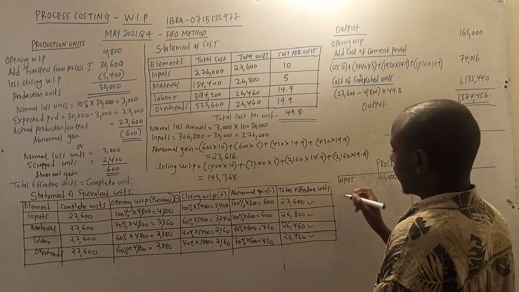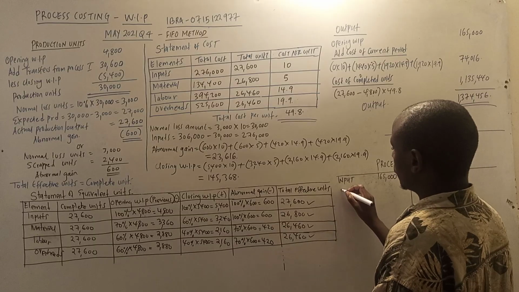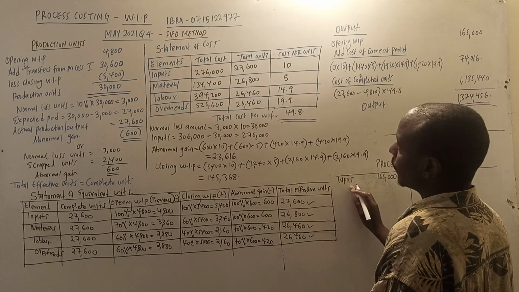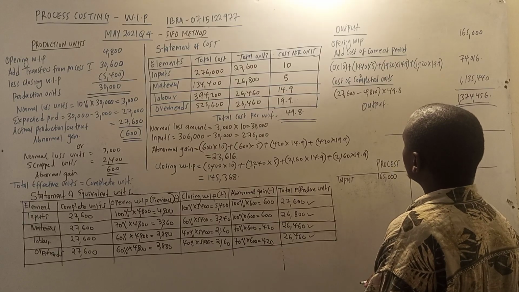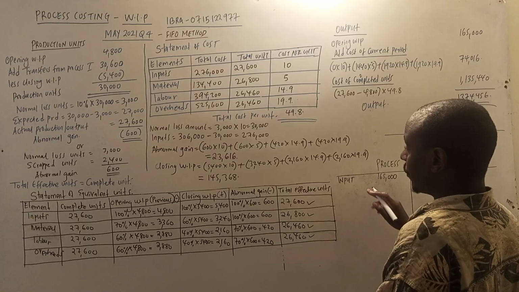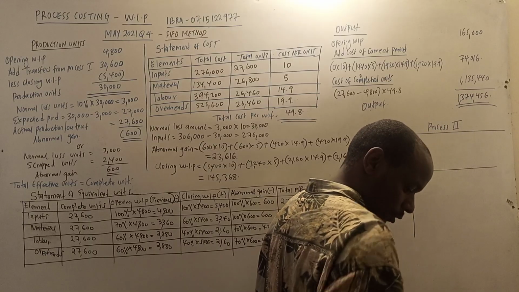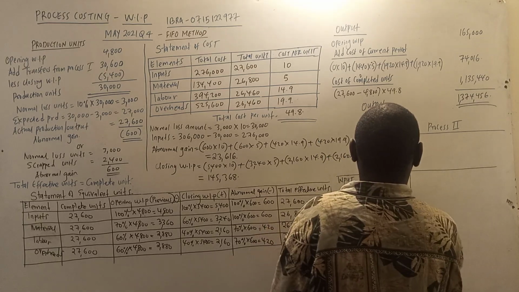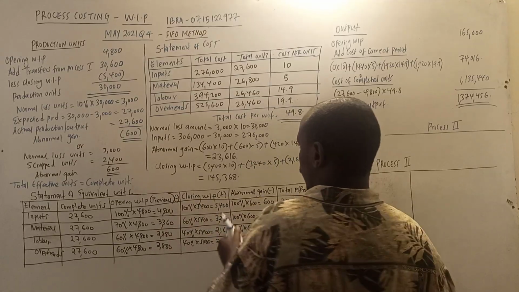Then you have material. Now we have the first input, so that we don't confuse ourselves. The first input itakuwa hii.